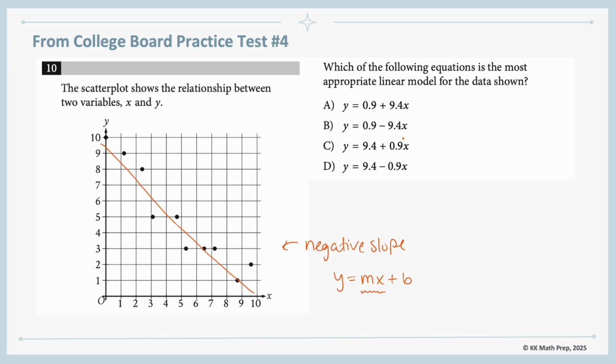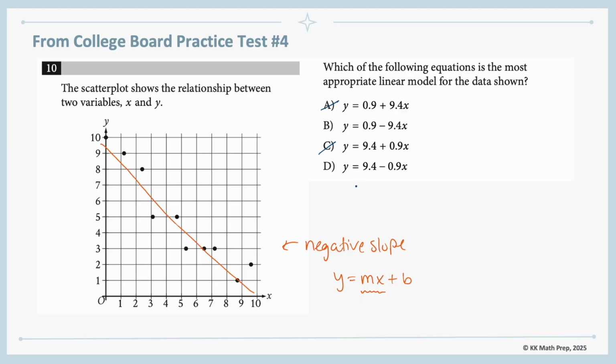But you do want to make sure that you're reading this correctly. So the slope is actually all of these points here. Okay, so let's first off just eliminate whichever ones are positive. So that would be answer choices A and C. These both have positive slopes, so I know it cannot be that.